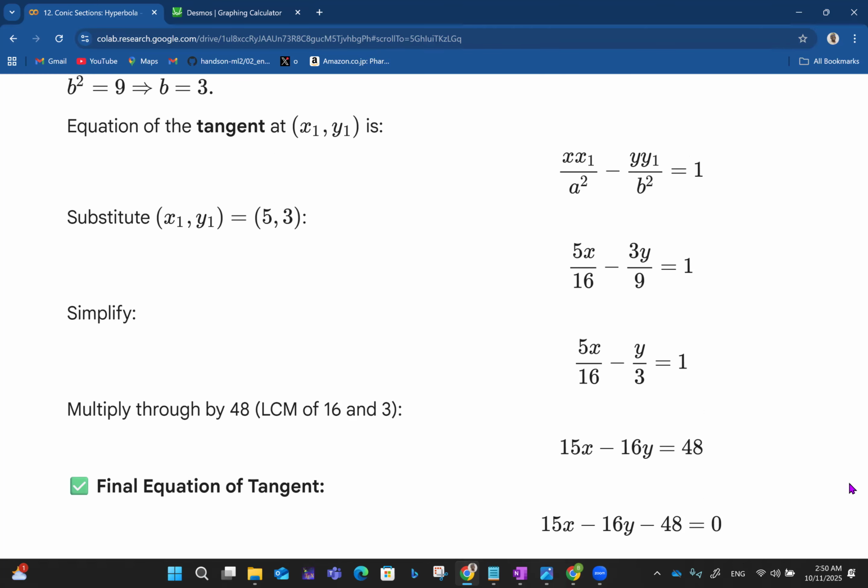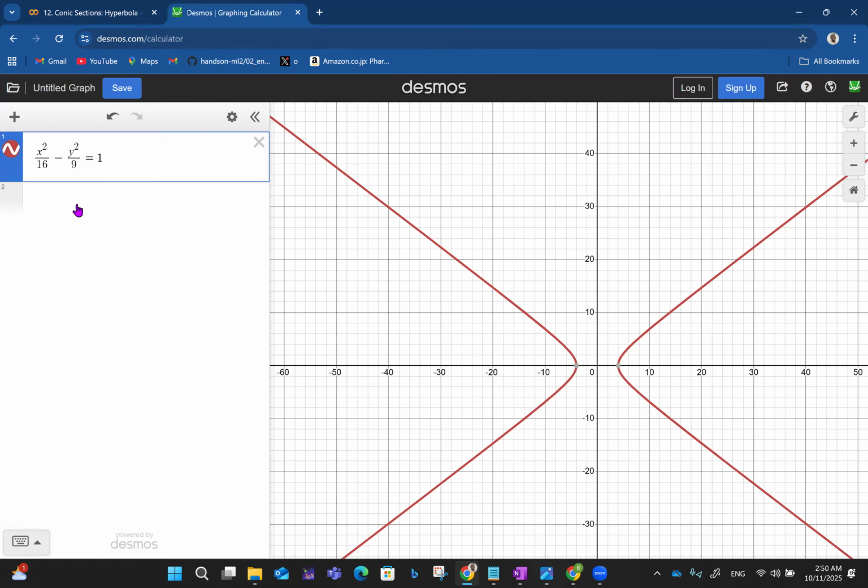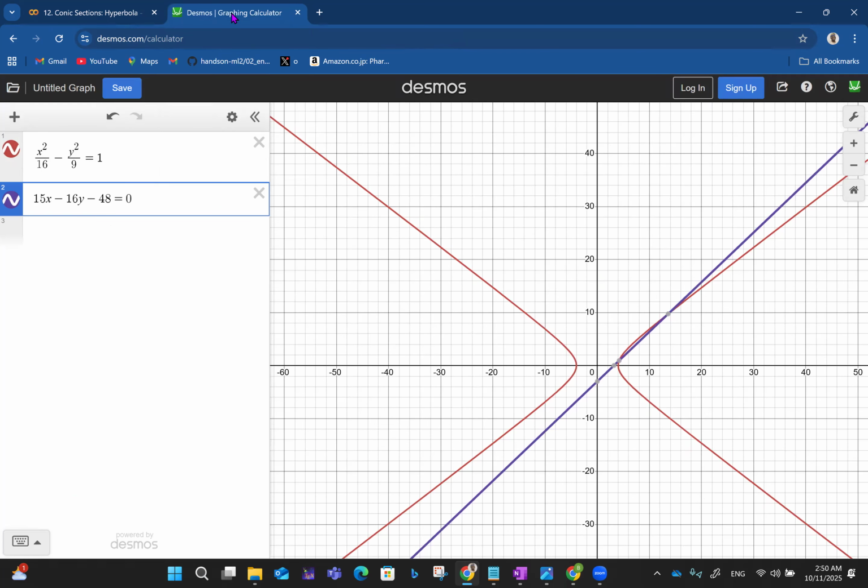So that's 15x minus 16y minus 48 equals 0. You can see that that's a tangent at that point.